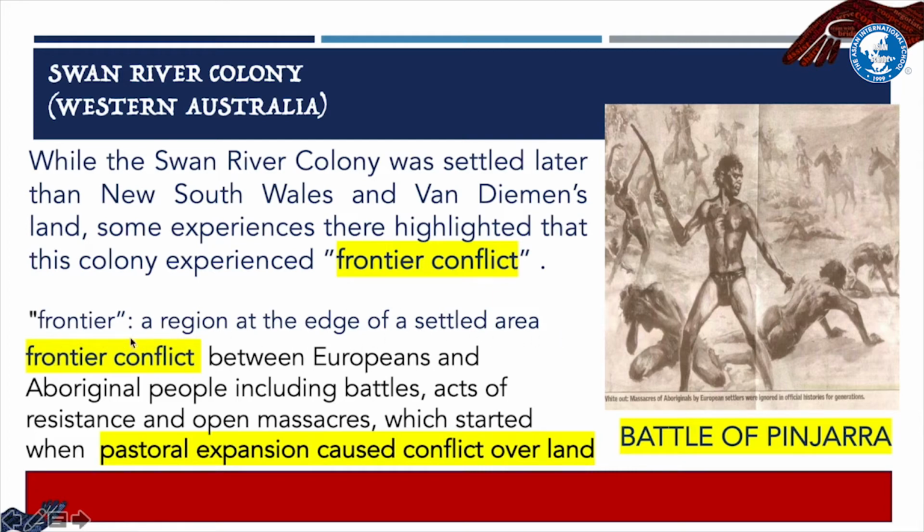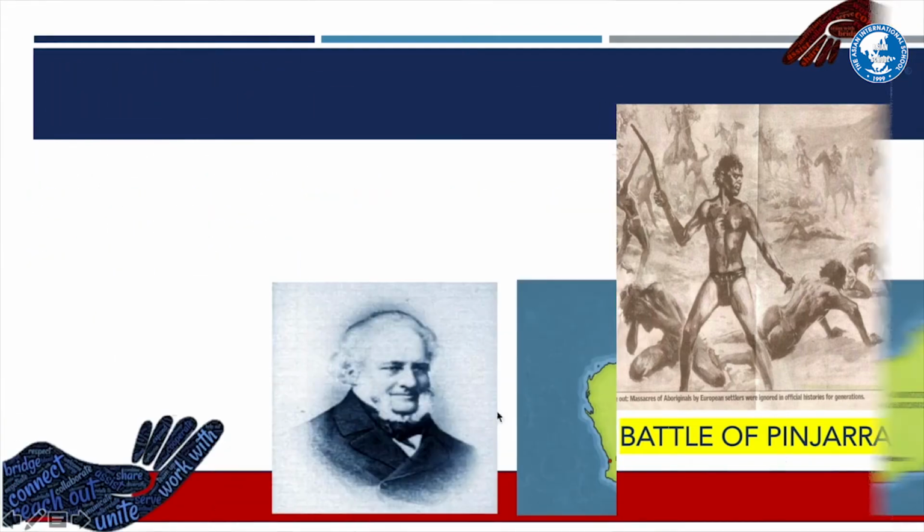And frontier conflict between Europeans and Aboriginal people, including battles, acts of resistance, and open massacres, started when pastoral expansion caused conflict over land. So one example of this is the Battle of Pinjarra.